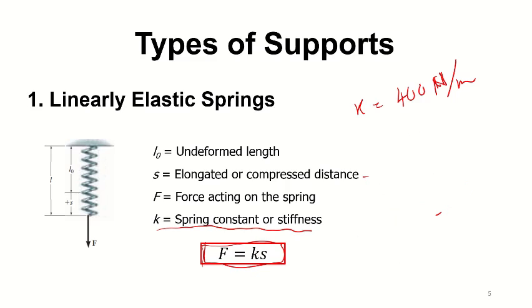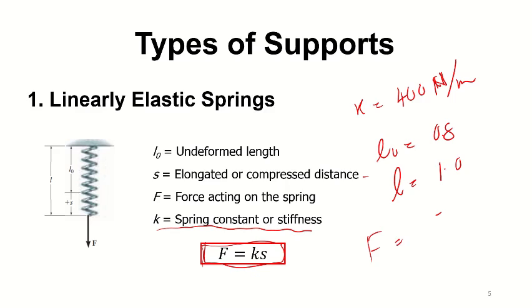Then the original, undeformed length L naught is equal to 0.8, and the elongated, deformed length L is equal to 1 meter. Then what is the force required for this elongation?